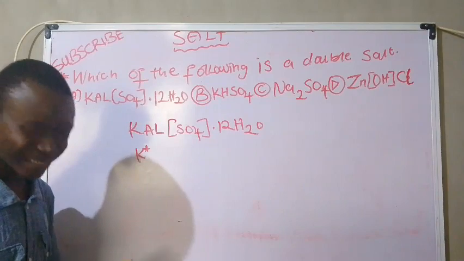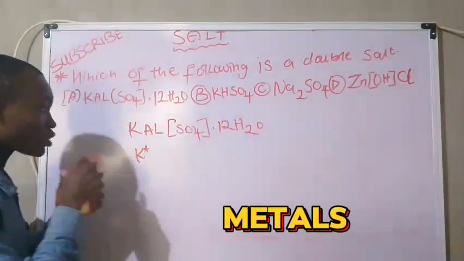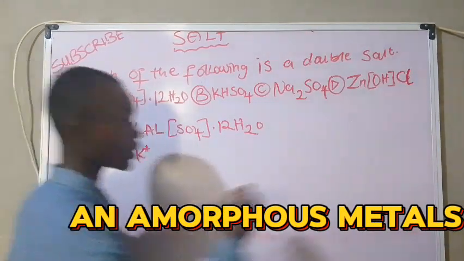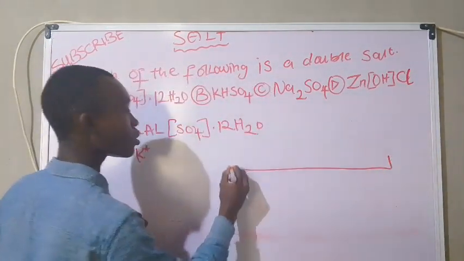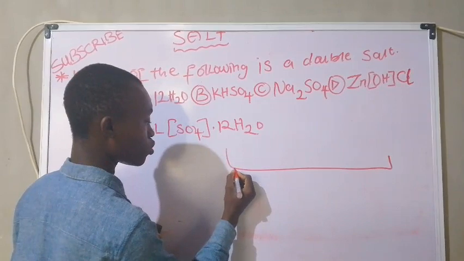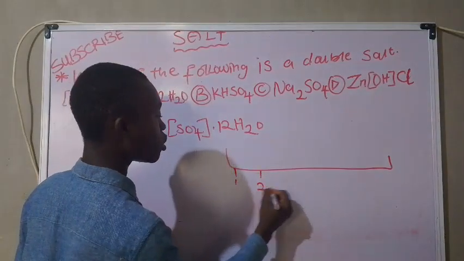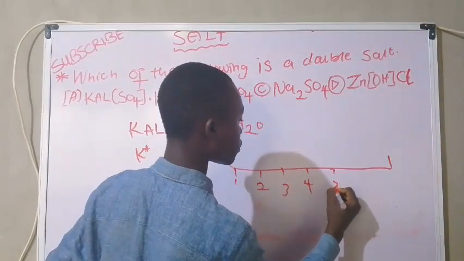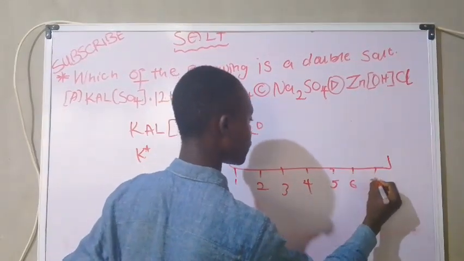We have a simple trick in identifying metals, non-metals, and amphoteric metals. Now this is a trick. You have a table like this. You have 1, 2, 3, 4, 5, 6, 7.